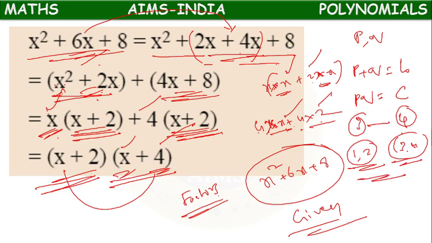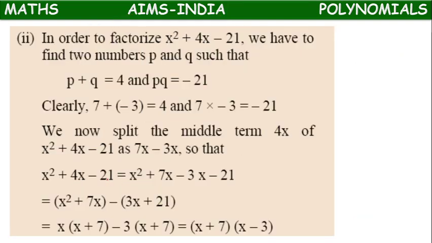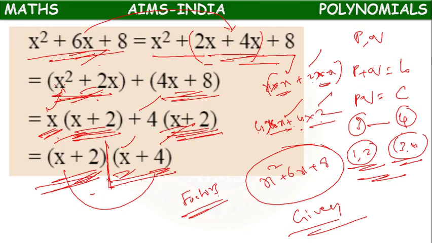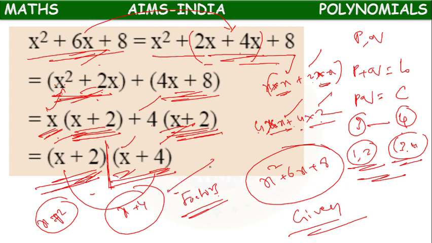Next, we have taken similar terms out. Again, similar term out. We have got 2 factors. One factor is x plus 2. Another factor is x plus 4. Like that we find out 2 factors.